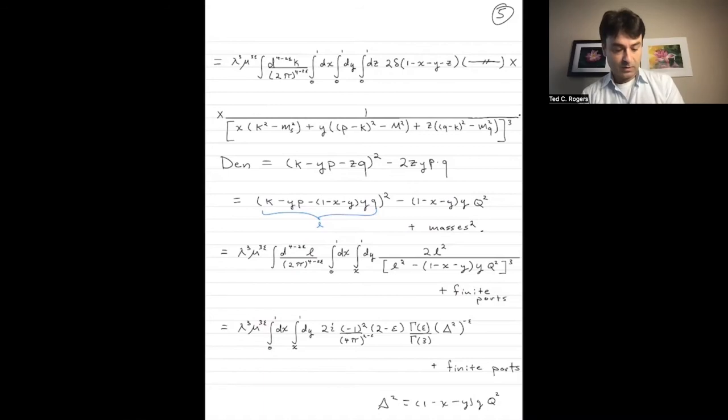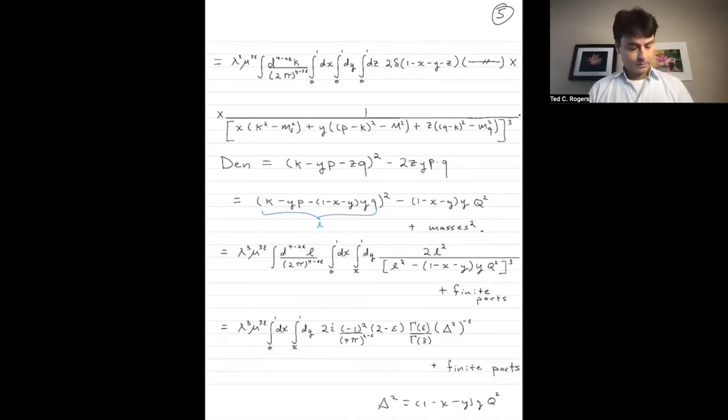I've abbreviated this combination here, 1 minus x minus y, times q squared, by delta squared. Of course, it also contains masses, but again, we're going to ignore those. Of course, I haven't accounted for the finite parts, but I'm just going to remind you that they're still there. And I think now the next steps are just to simplify this expression and figure out what the 1 over epsilon pole is there.